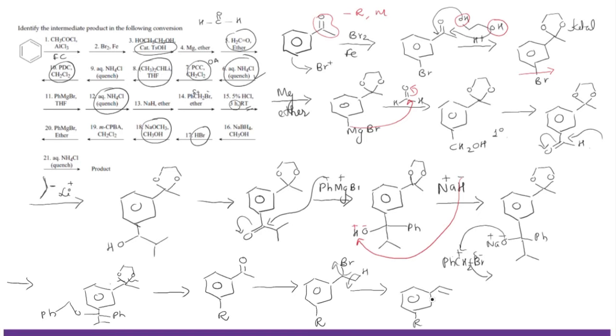And then the double bond is reacted with MCPBA. If there is a ketone, we get the ester, but this is a double bond, isn't it? Therefore, you are going to get the epoxide. So alkene can be converted to a cyclic ether, nothing but epoxide, when we treat it with metachloroperbenzoic acid in DCM. So this is the product we get after the 19th reaction.